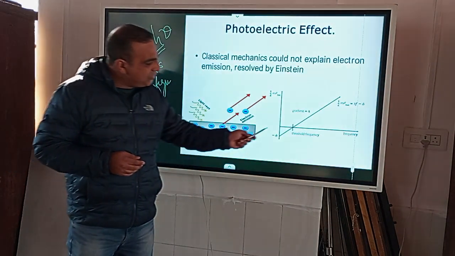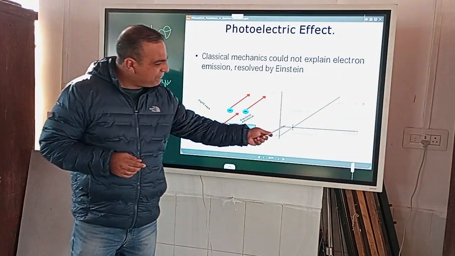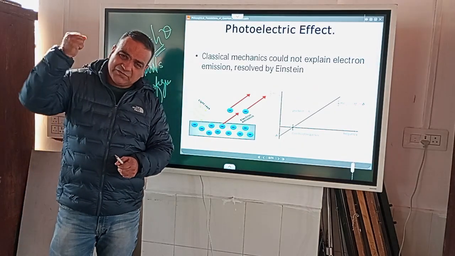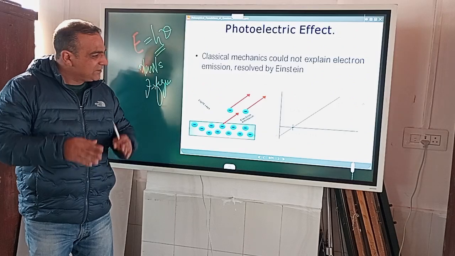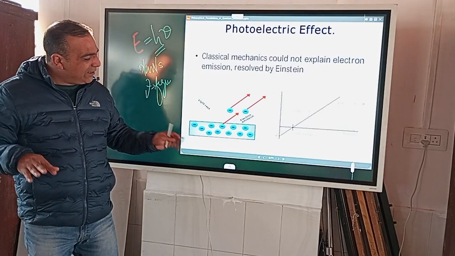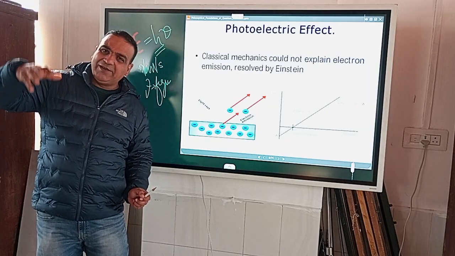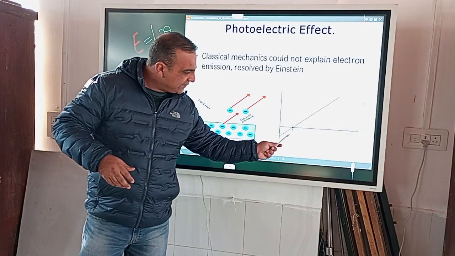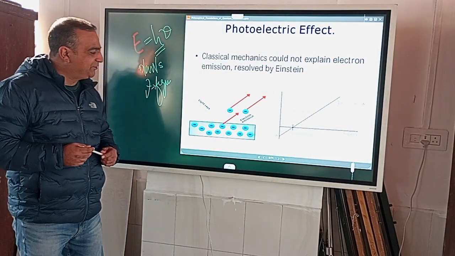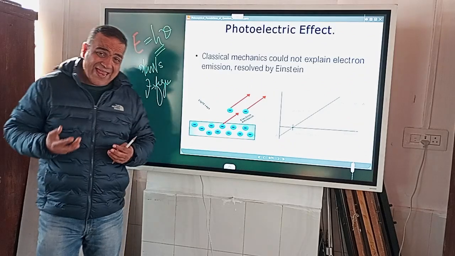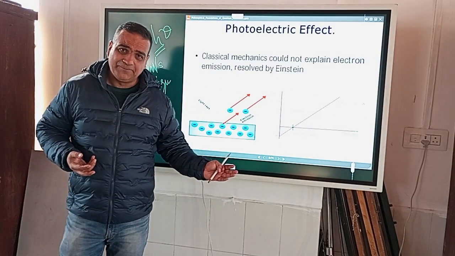So you will not have any photoelectric current even if the intensity of the light that's falling on this metal is doubled, tripled, quadrupled. The electron is not going to come out, but once you use radiation whose frequency is greater than this threshold frequency, the photoelectric emission takes place. So, as I said, the classical argument fails to explain the photoelectric effect.